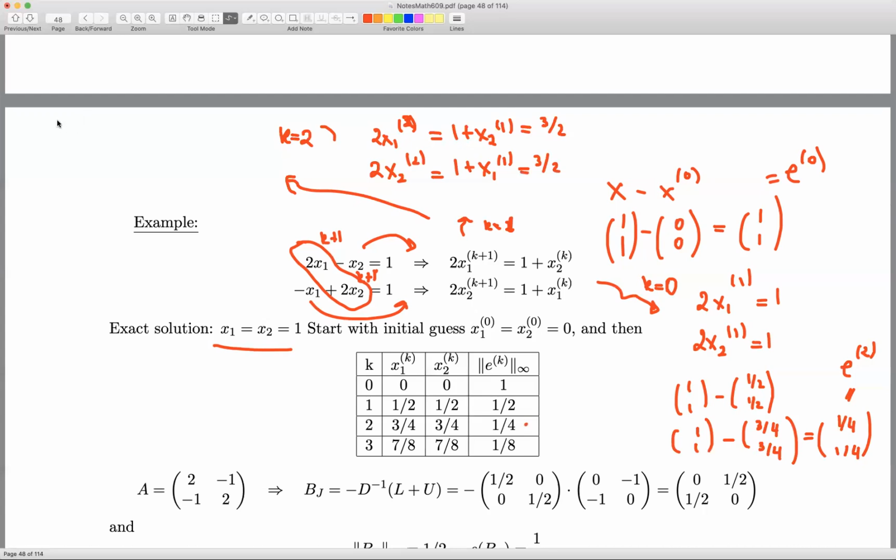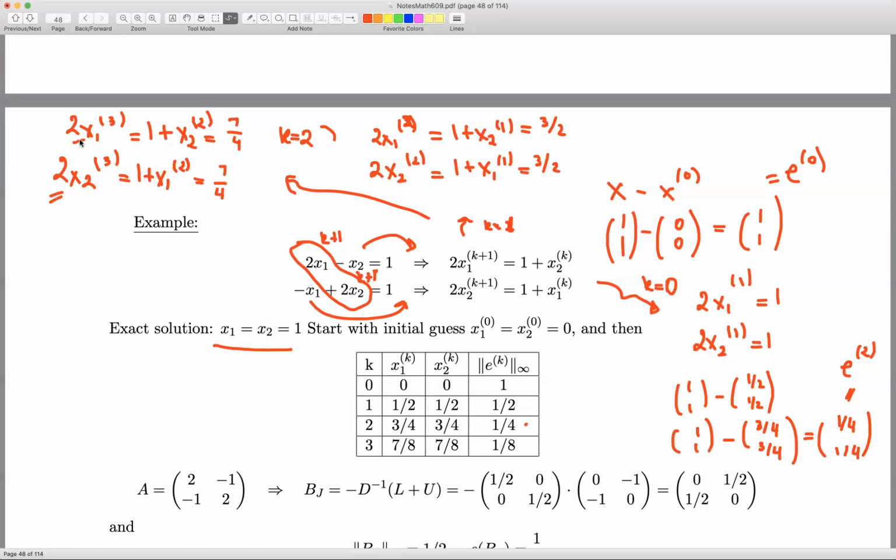Then we will have 2 x1,3 equal to 1 plus x2,2, and 2 x2,3 equal to 1 plus x1,2. Since x1,2 and x2,2 are 3/4, this will be 1 plus 3/4, which is 7/4, and here also 7/4.